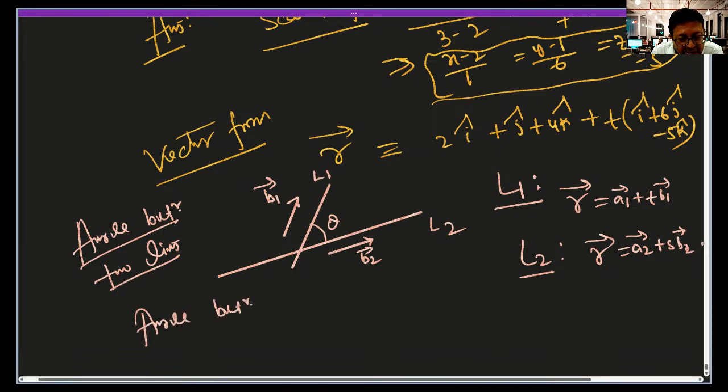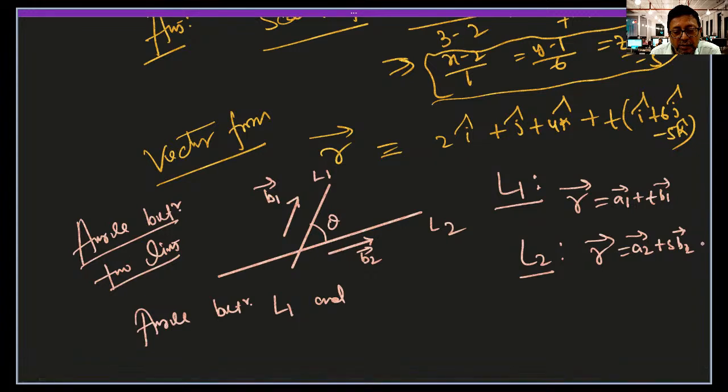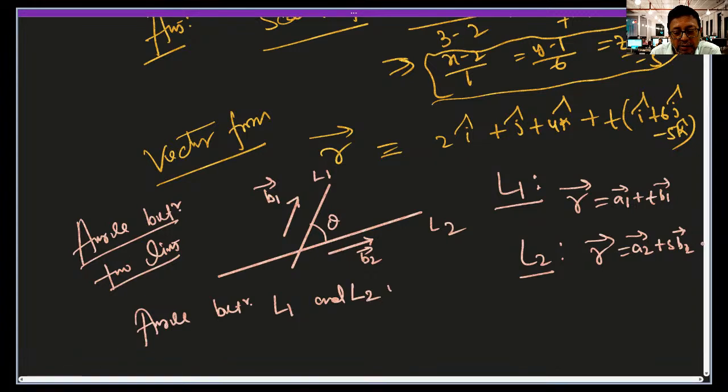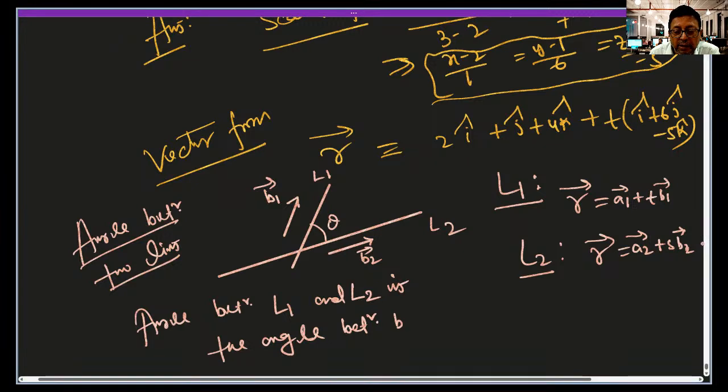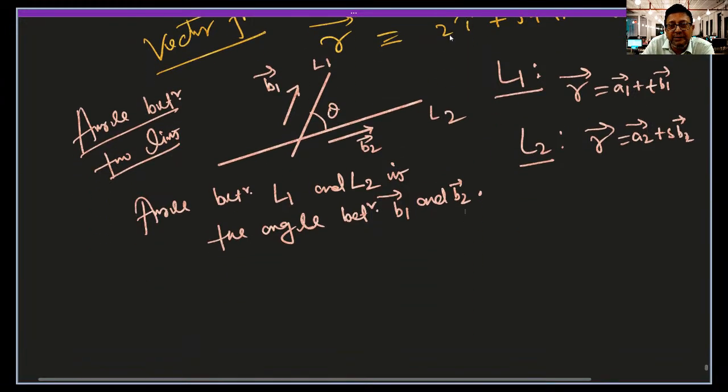So the angle between L1 and L2 is the angle between b1 and b2. Agree? Yes. Dot product you have just done in vector.